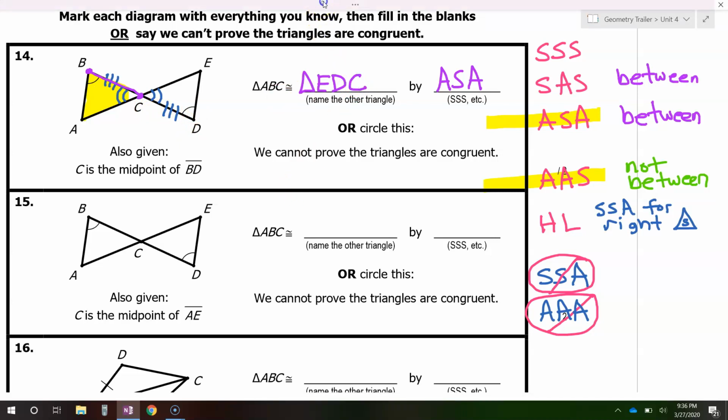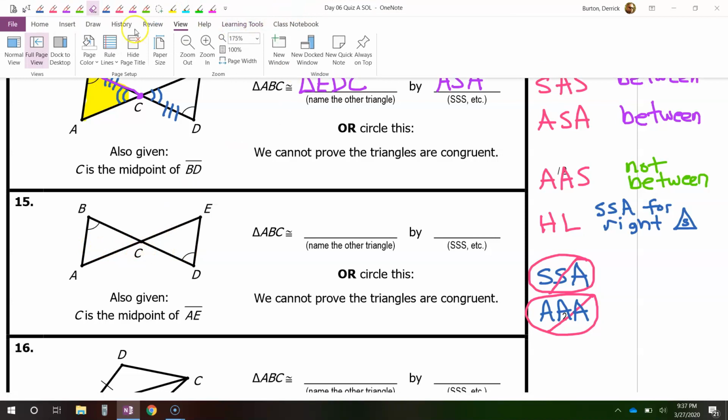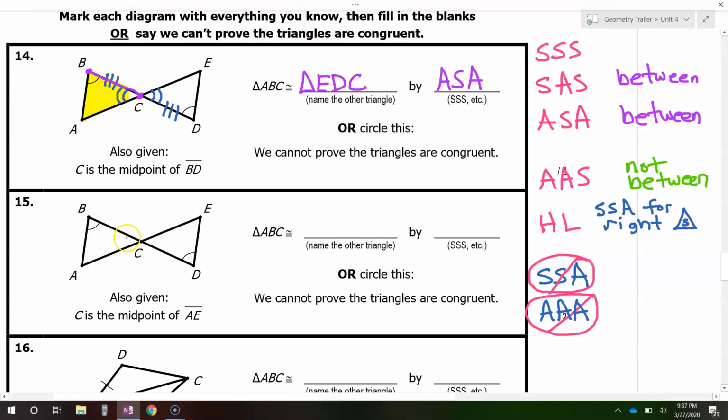Okay, let's reset. Okay, let's start by marking the vertical angles like we did before. All right, vertical angles are always congruent.